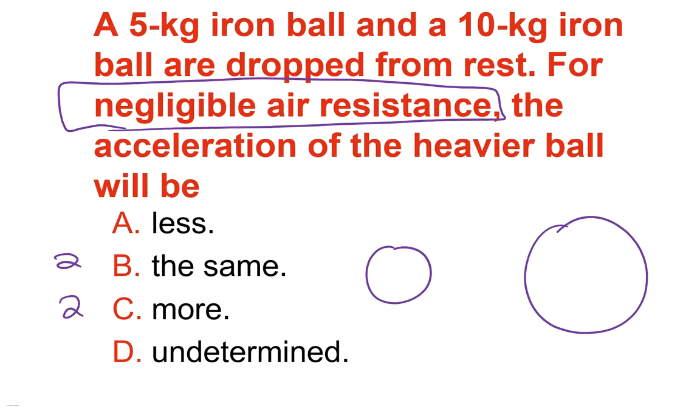If we look at the forces acting on these balls, what force is acting on the smaller ball? Gravity. So force 1 is equal to M1G. What force is acting on the bigger ball? Gravity. It's bigger though, because it's a bigger force. So force 2 equals M2G.